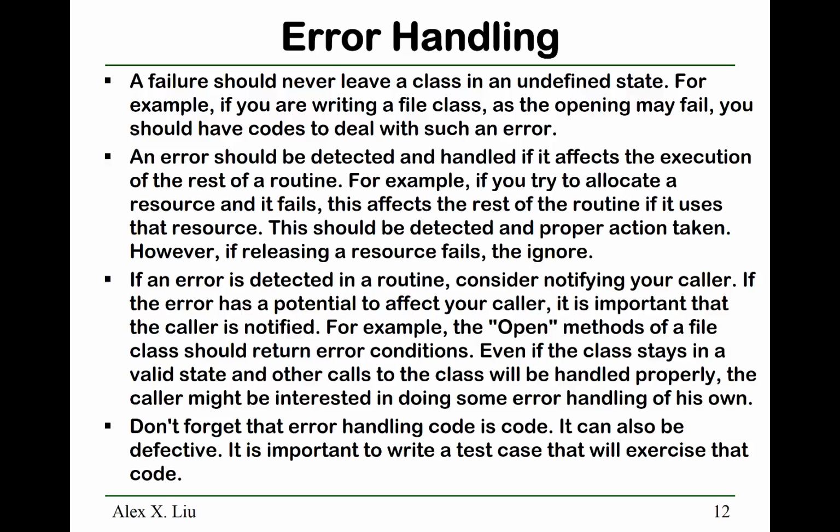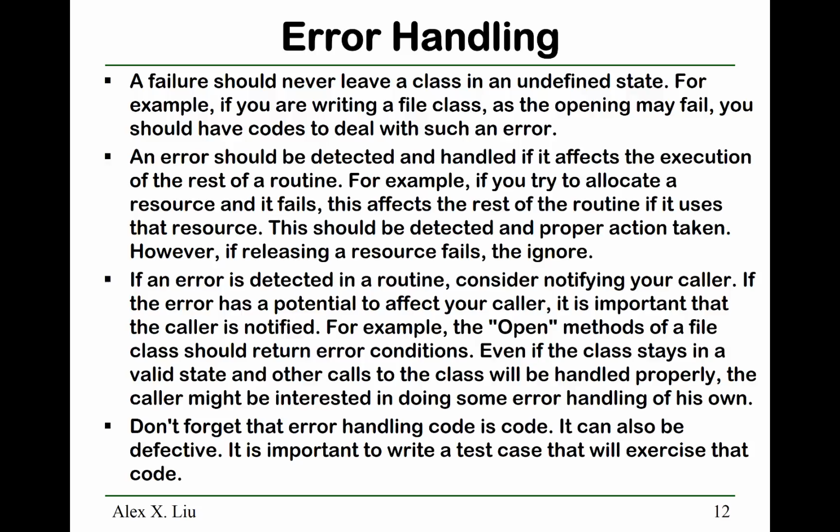And if an error is detected in a routine, you need to try to notify your caller. If an error has the potential to affect your caller, it is very important that the caller is notified. For example, the open method of a file class should return error conditions, even if the class stays in a valid state, so that other calls to the class will be notified properly.